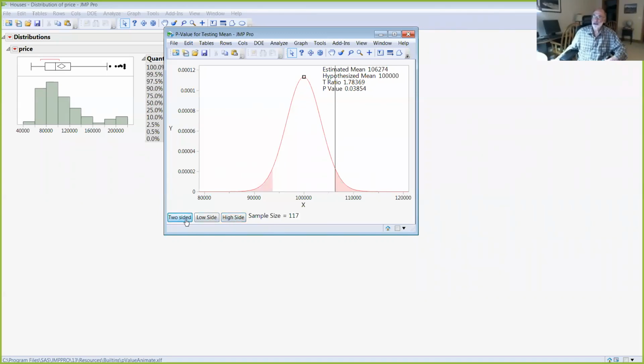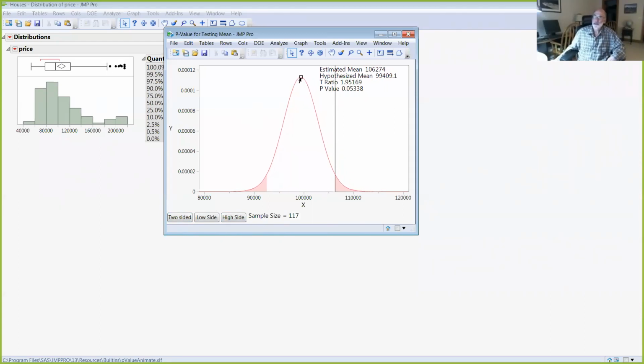Go back to the two-sided p-value. It's close to this 0.05 magical incorrect number, but not quite enough evidence to say convincingly that it's not equal to 100,000. Notice what happens if I move the 100,000 that we're testing. If I wanted to test a hypothesis that the real mean was 101,519, we have an even less conclusive test. There's an 18% chance we could be that close to that mean.